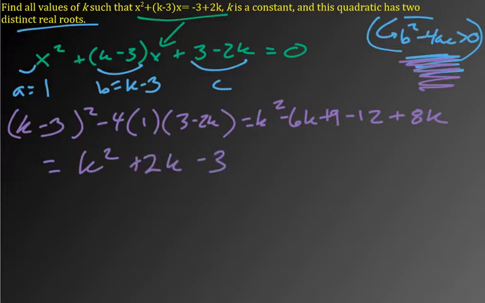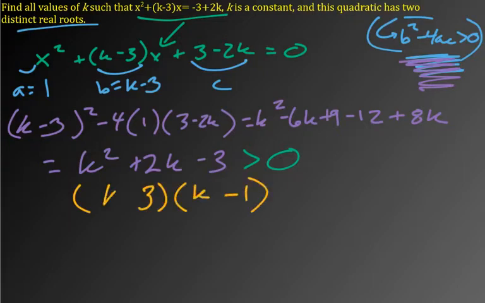And we want to basically set that greater than 0, right? This is actually a nice one. If you think what multiplies to negative 3 and adds to 2, you would get 3 and negative 1. So that's my quadratic.